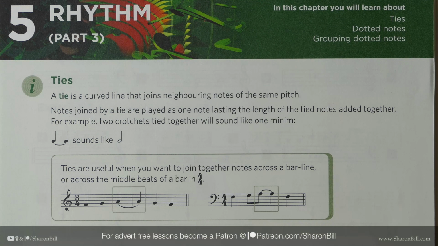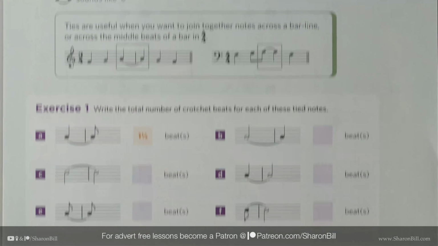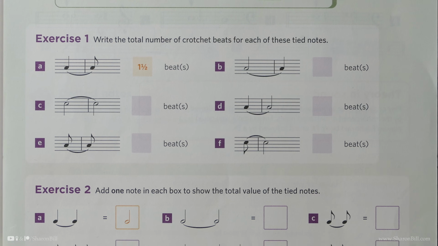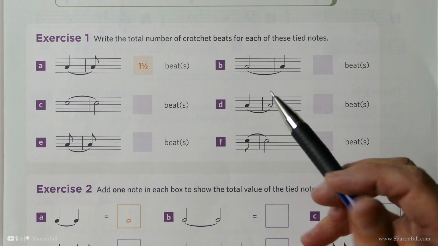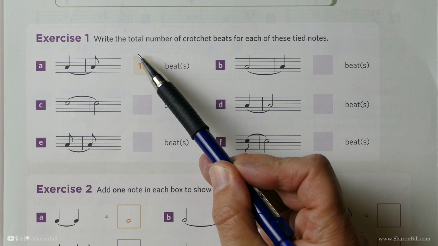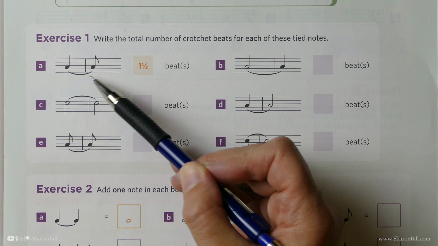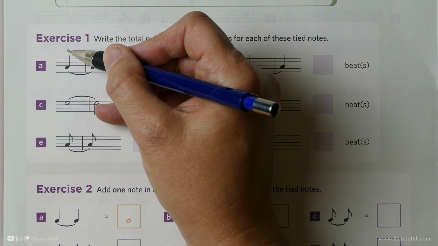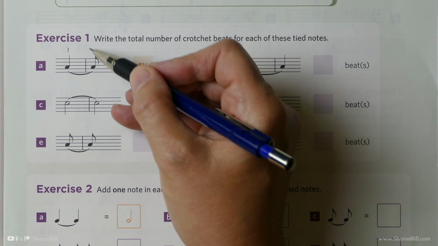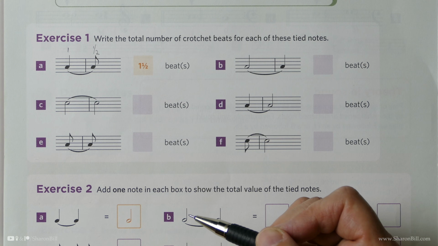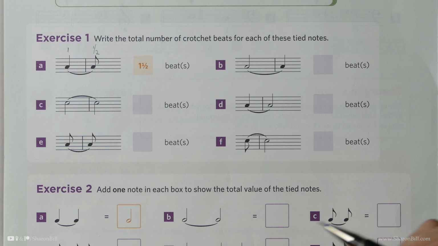And now we just need to get our maths head on a little bit and just get some note adding going on, as it were. For exercise 1, we're asked to write the total number of crotchet beats that these tied notes add up to. So we have here a crotchet, which is 1 beat, and then we have a quaver, which is half of a crotchet beat, because we know that 2 quavers equals 1 crotchet.